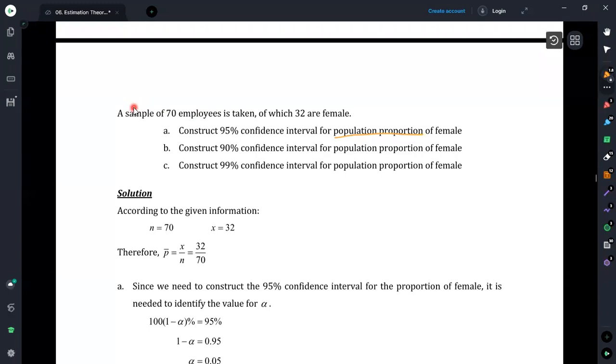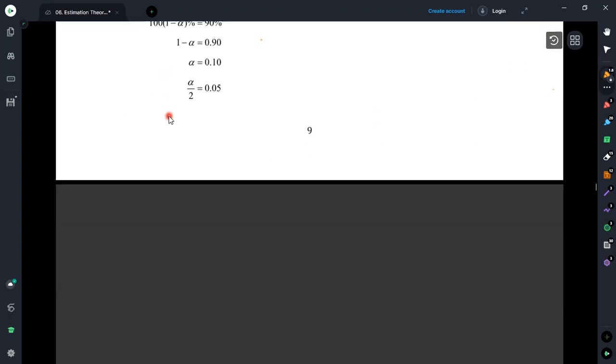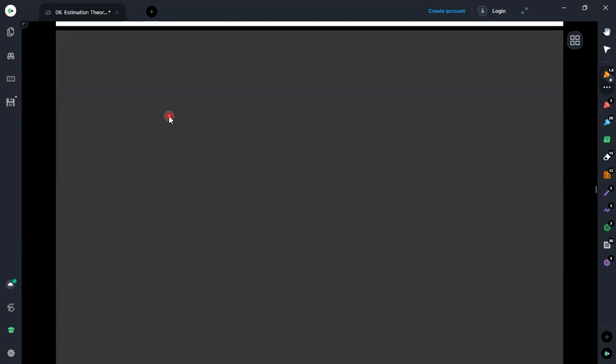Here, there is a sample of 70 employees, and among these 70, 32 are female. Accordingly, we are asked to construct the 95% confidence interval for population proportion of female. Since the information regarding the female employees is given, we will identify the necessary information which will be helpful for our calculation.